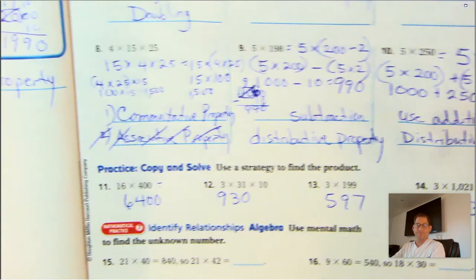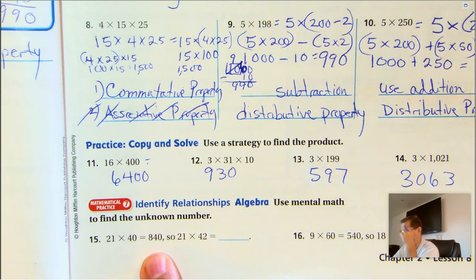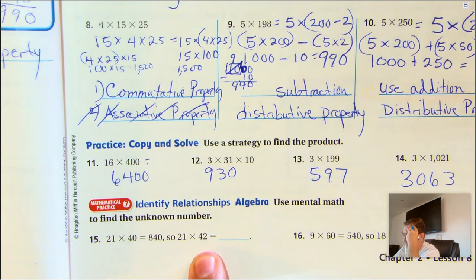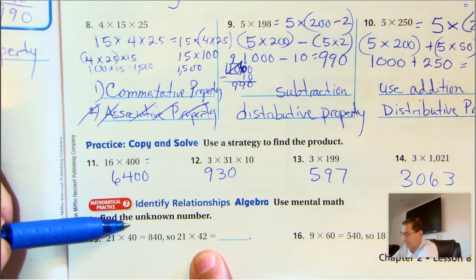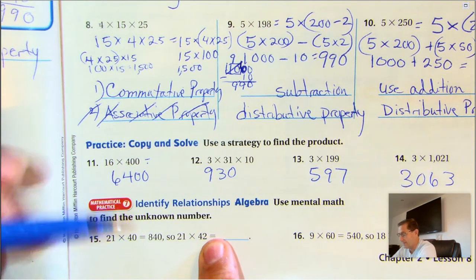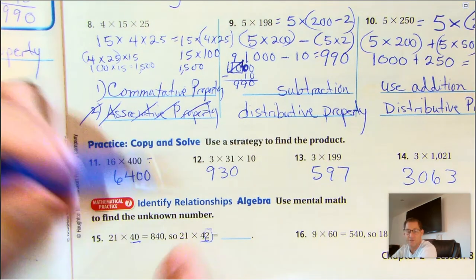15. Find the unknown number using mental math. 21 times 40 is 840. Okay, so 21 times 42. Oh, so what's the difference between 21 times 40 and 21 times 42? I see that there's just 2 more sets of 21.